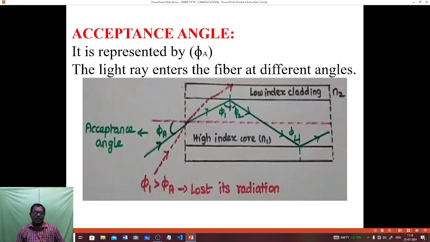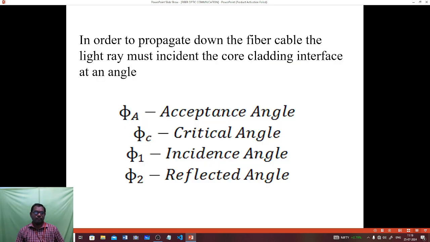If phi 1 is greater than phi a, it is a loss of radiation. In order to propagate down the fiber cable, the light ray must be incident on the core-cladding interface at the proper angle. So here there are various representations: acceptance angle phi a, critical angle phi c, incident angle phi 1, reflected angle phi 2.